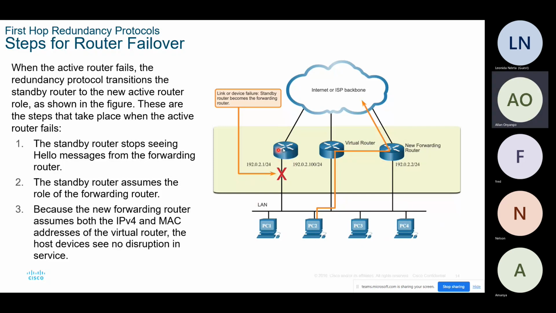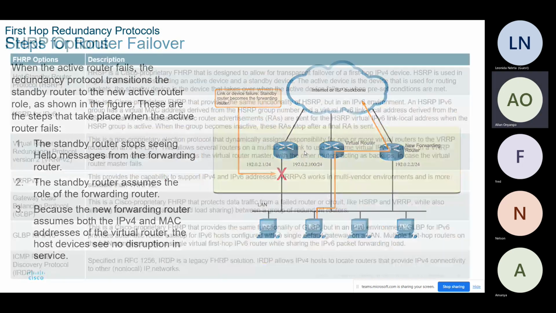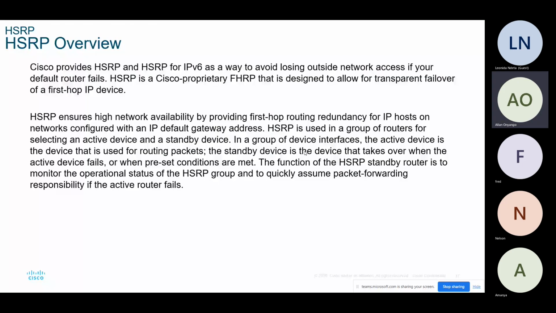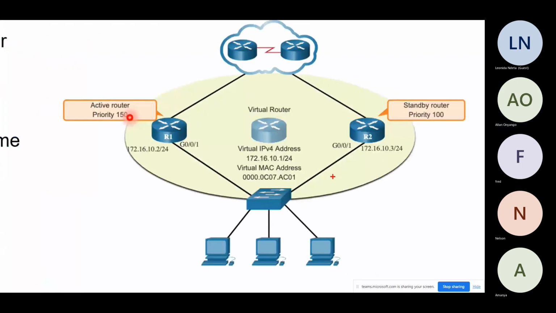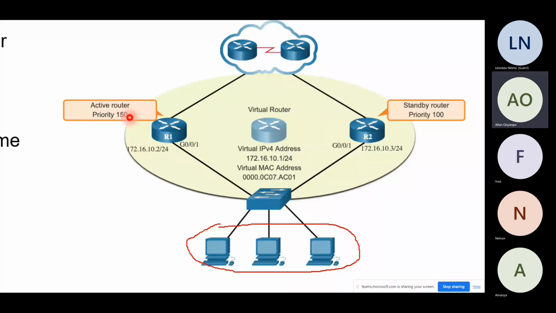The first router, which is the active router, is the main thief, and the thief who is the friend, always on standby, is here in R2, okay?